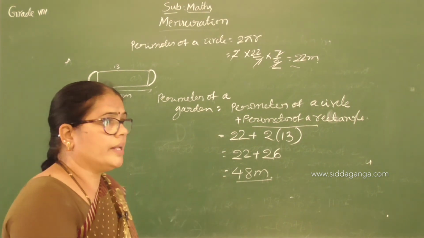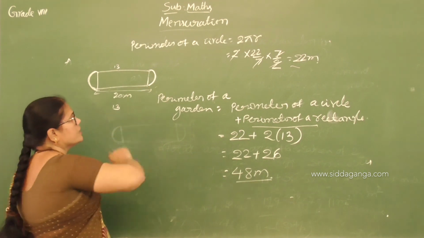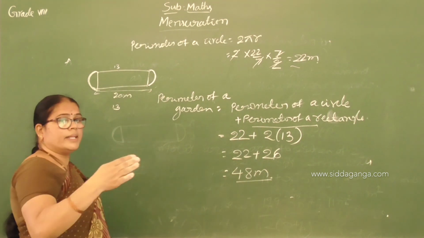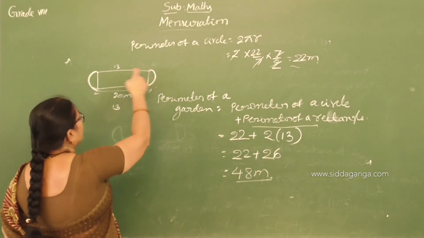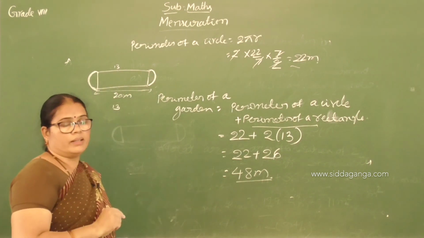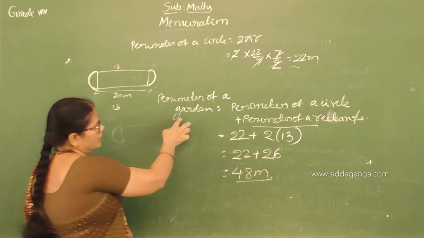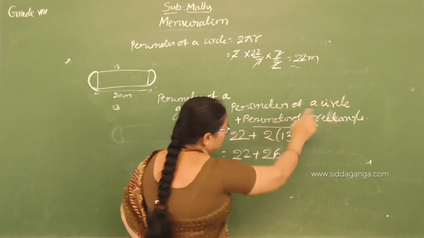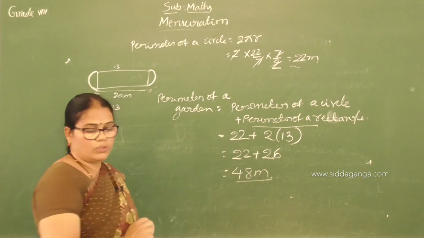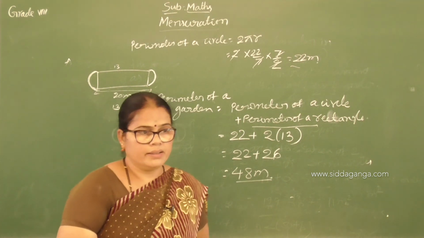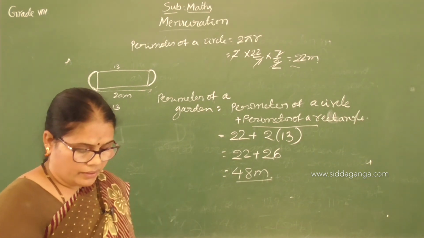We take only the edges of the rectangle, because at the end parts two semicircles are attached. So we take the circle's perimeter plus these two lengths. In this way we calculate the perimeter and area of the garden.